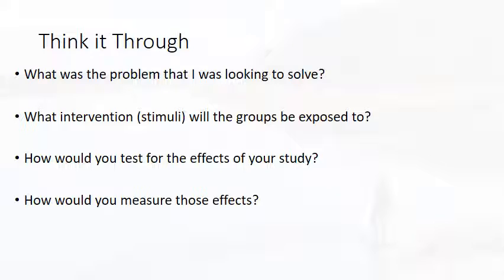When I put it into the intervention model, into what domain it existed, I discovered that my stimuli, my intervention, was going to have to do with the lighting in my classroom, whether it be the fluorescent white lighting or the softer yellow lighting, or dim lighting versus bright lighting. I knew that I wanted to do something with that stimuli. I knew I wanted to do something with that classroom environment.